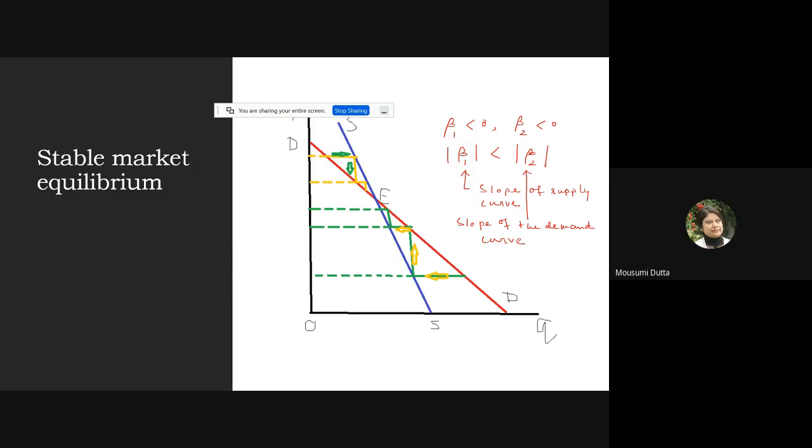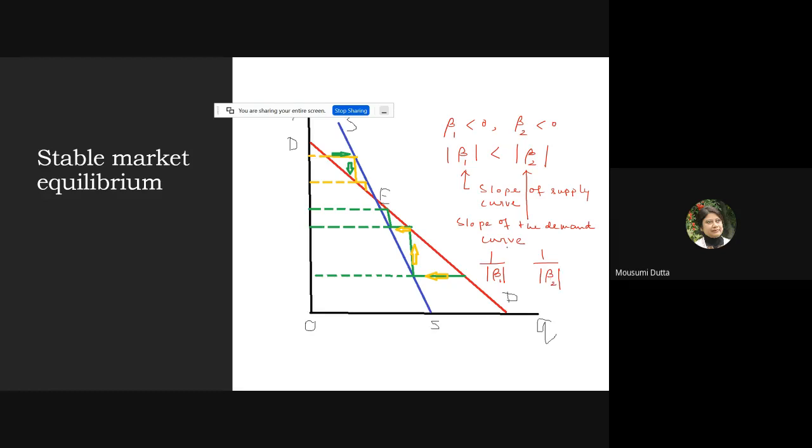Okay. Now to present this condition graphically, what I have to consider is just the reverse of all these things, because in the horizontal axis I am measuring quantity, while along the vertical axis I am measuring the price. So to match with this case 4 or this condition, I have to consider 1 upon mod beta 1 and 1 upon mod beta 2.